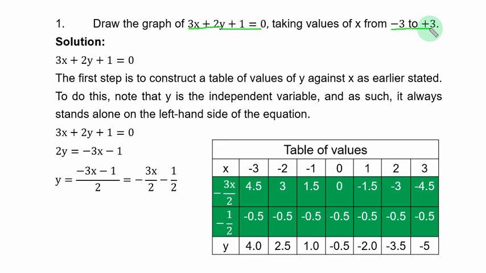So we have the solution. This is the linear function that we want to plot its graph. The first step is to construct a table of values of y against x as earlier stated.